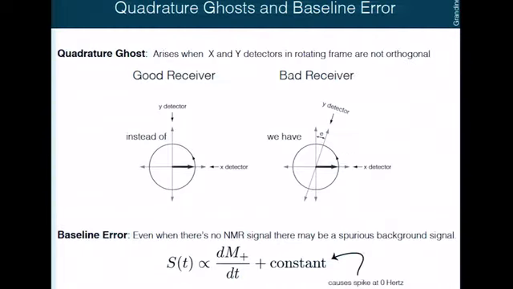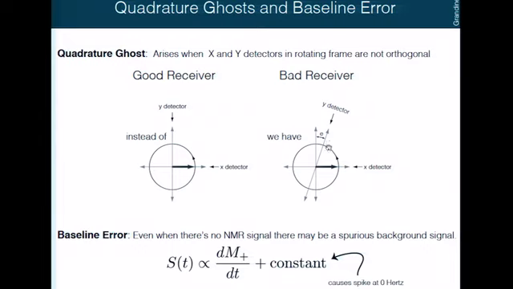We have to get our signal mixed down in quadrature to X and Y, real and imaginary channels. And in the 80s, our quadrature detection was done in analog fashion. So we had to mix the signal down, and sometimes it wasn't done right. So instead of the X and Y in the rotating frame being orthogonal, there was a little bit of an error there.